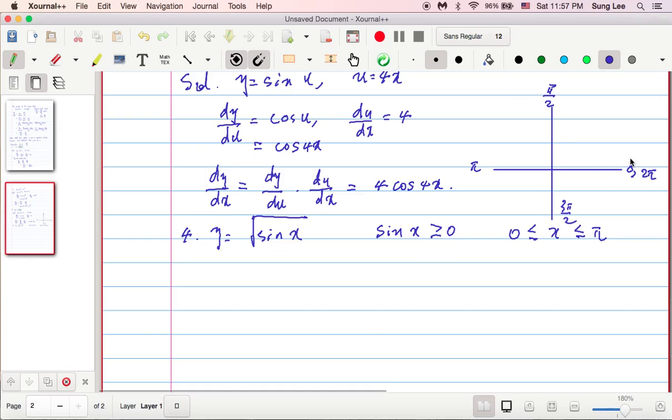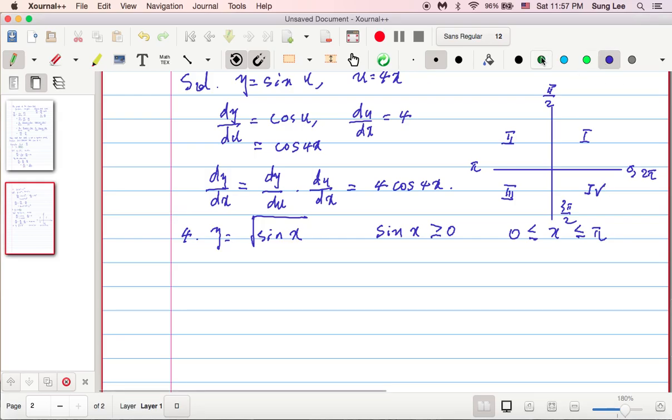So you are rotating counterclockwise, something you learned from trigonometry. The positive rotation is a counterclockwise rotation. That's the first quadrant, second quadrant, third quadrant and fourth quadrant.